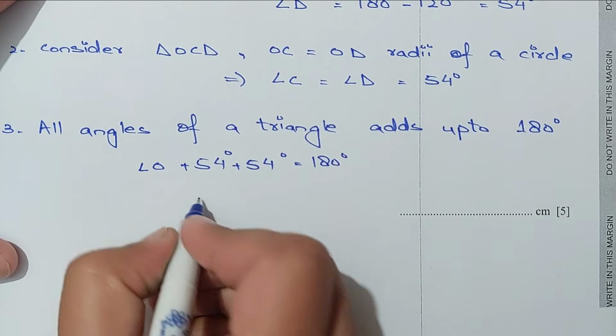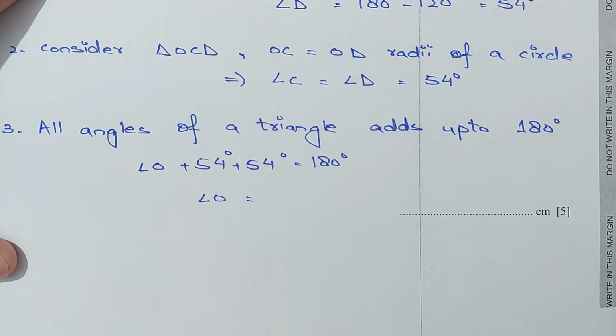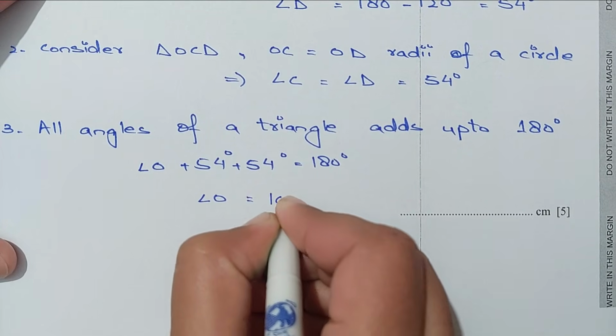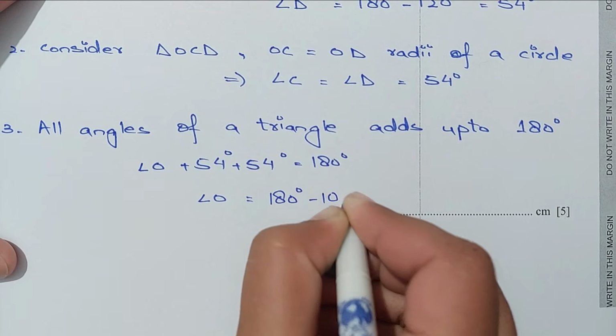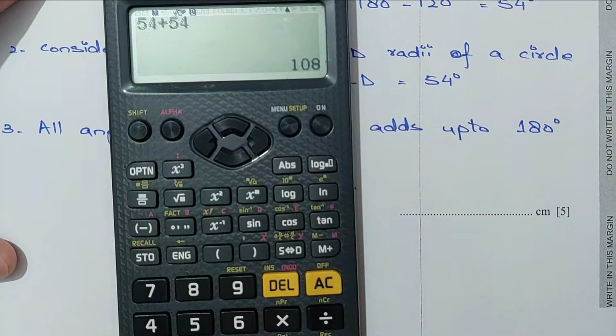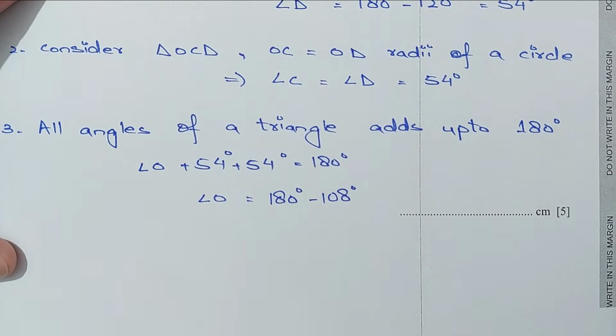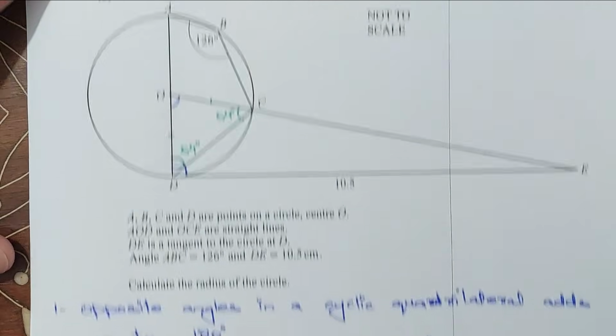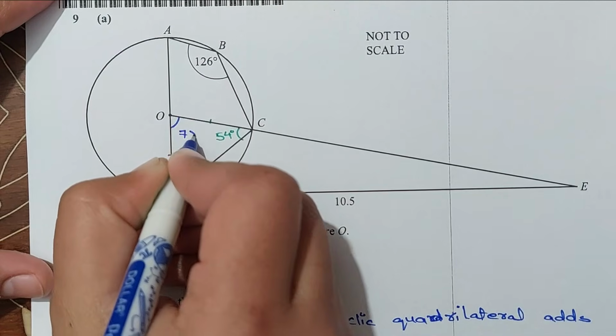What is angle O? What is 54 plus 54? 108. 180 minus 108, 180 take away, the answer is 72 degrees. So angle O would be 72 degrees. This angle is 72 degrees.